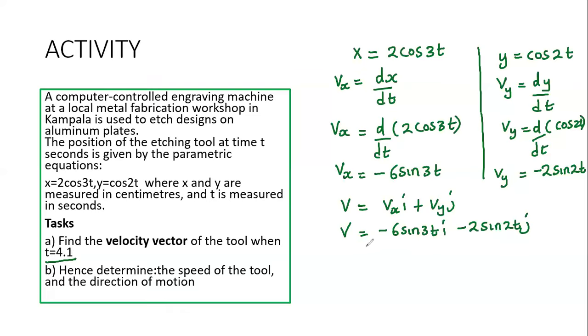When you are substituting here, make sure that your calculator is in radians. Where there is t, put 4.1. So I'll say this is negative 6 sine of 3 times 4.1 I minus 2 sine of 2 times 4.1 of J.